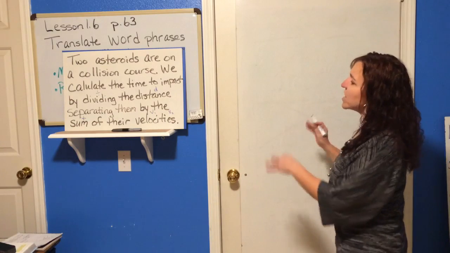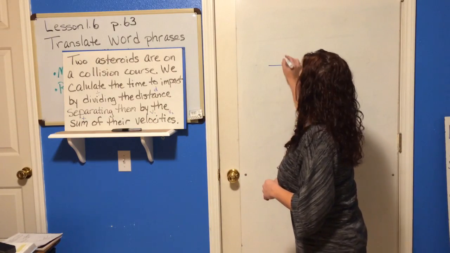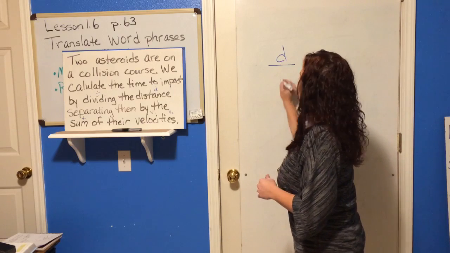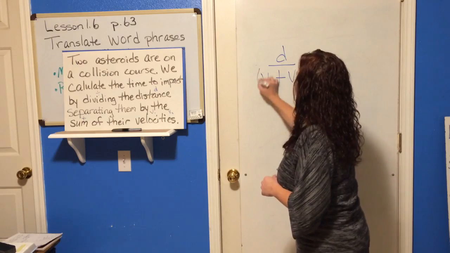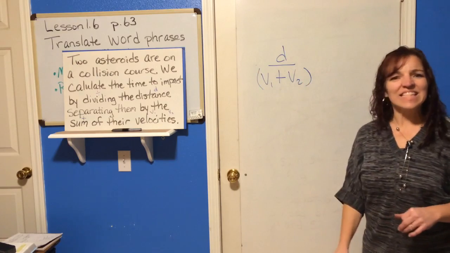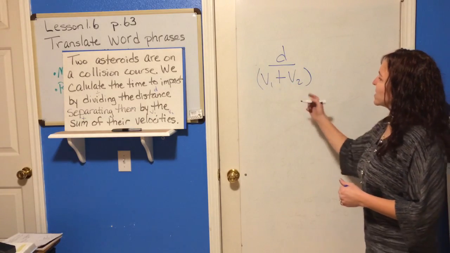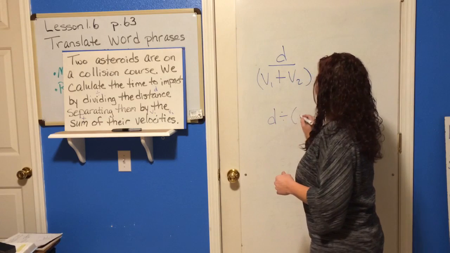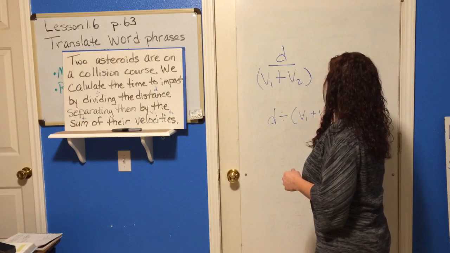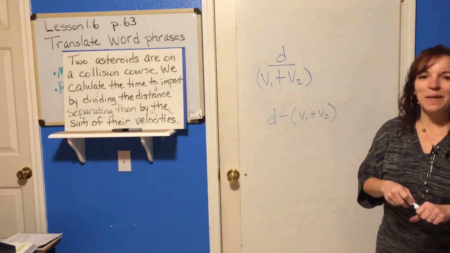You can call them whatever you want. So we're going to have a division problem, the distance by the sum of their velocities. Easy, right? There you go. From there to there, easy. You could also remember, since it's division, you could also write it, if you would prefer, D divided by with that type of sign. Make sure that you have your parentheses around your sum, and that would be the exact same thing.